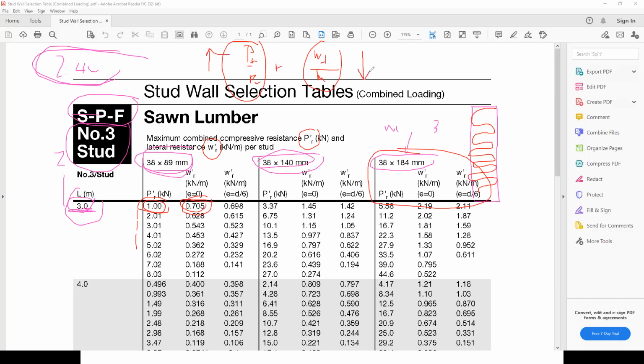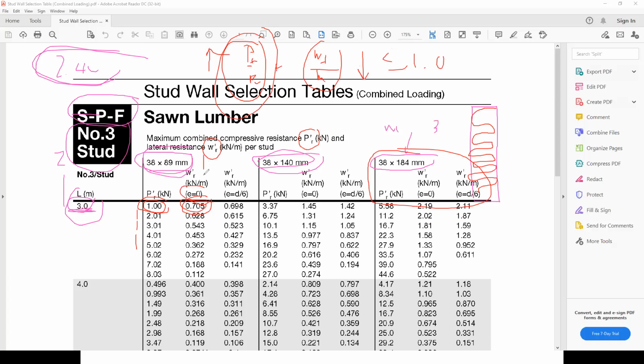So they've worked out a series of values for PR, your PF over PR, and your WF over WR, so that when you take the two of them, you'll always get less than or equal to 1.0. That's what they're doing in this table here, and I'll show you how to use it. It's not that complicated. Now, in our case, if we're looking at the trusses going right over the wall, our eccentricity is 0.